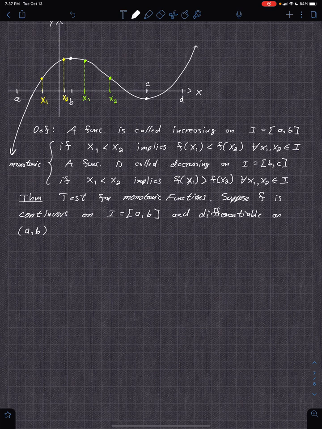Sound familiar, right? And that's how we often define things with mean value theorem, Rolle's theorem. That's kind of how it often goes.